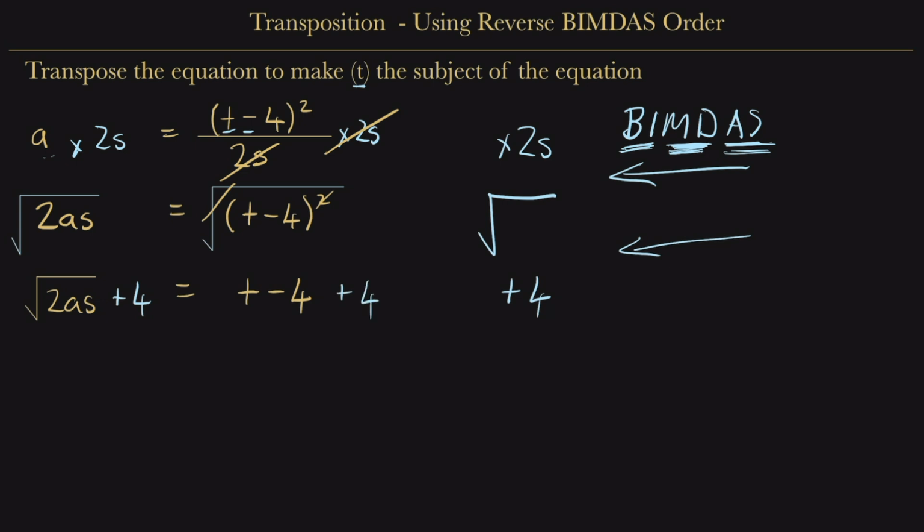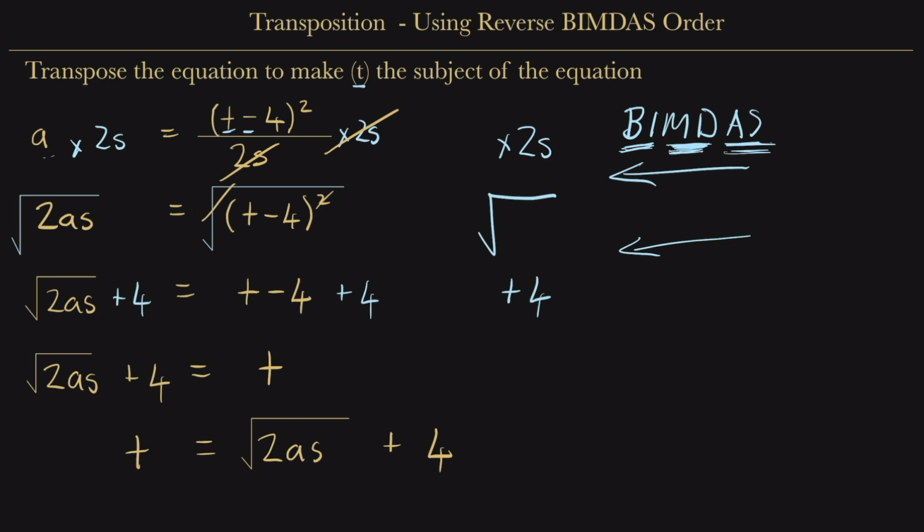And then rewriting it, it will look like square root of 2as plus 4 is equal to t. And since we want to make t the subject, I'm just going to write it around the other way. So we're going to have t is equal to square root of 2as plus 4. And that's going to be my final answer.